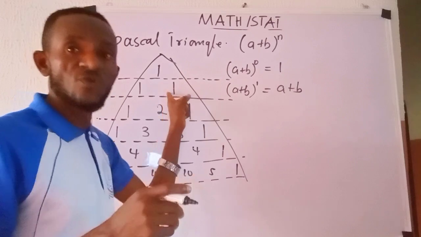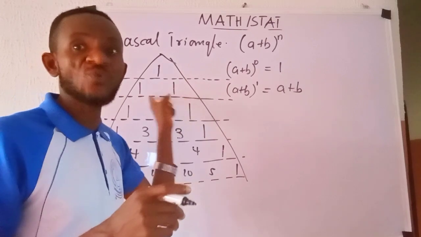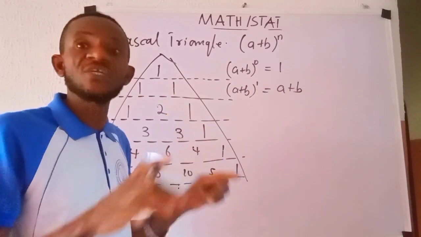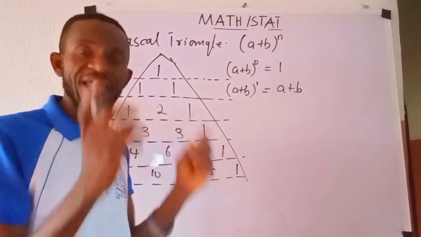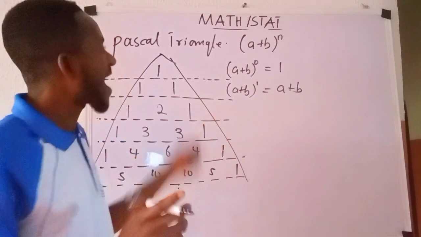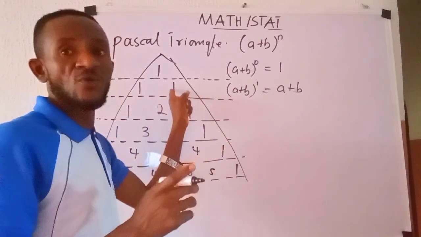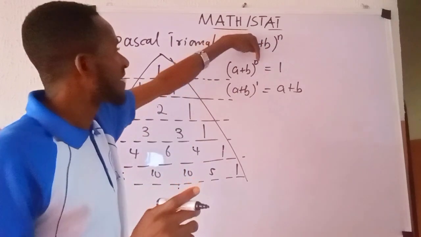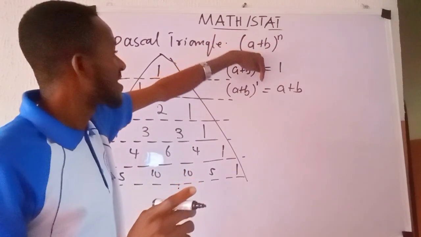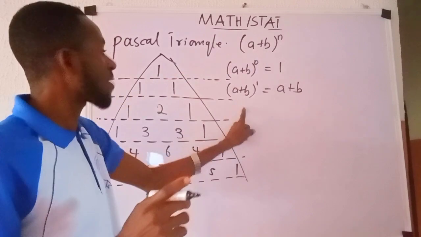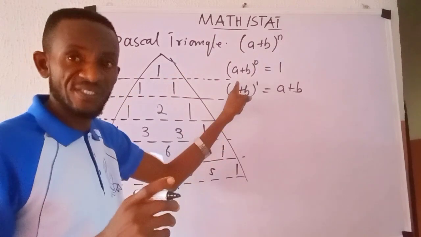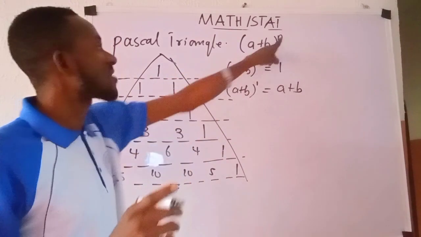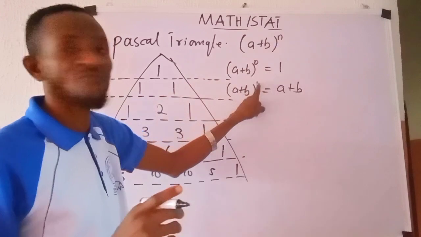Then in the second row, we had 1 and 1, and this 1 and 1 stand for the coefficients of the binomial expansion. In this particular row 2, the value of n is 1, because the value of n started from 0, the next one is going to be 1. Of course, the next one is going to be 2 when we are done with this.